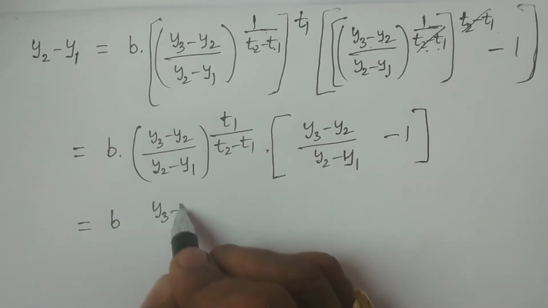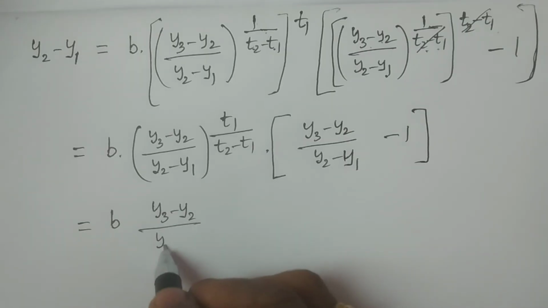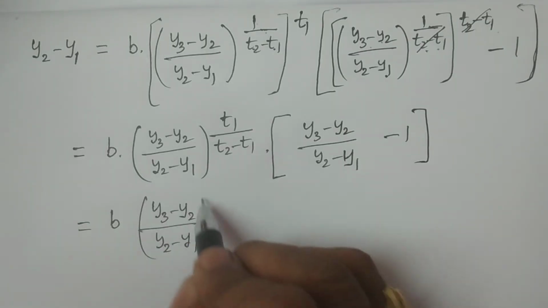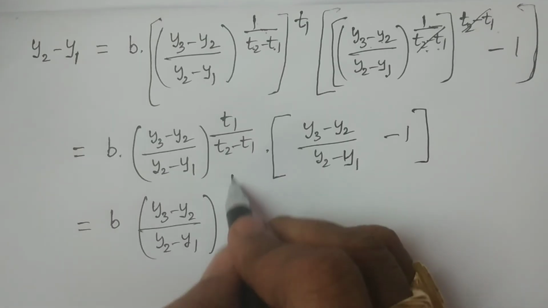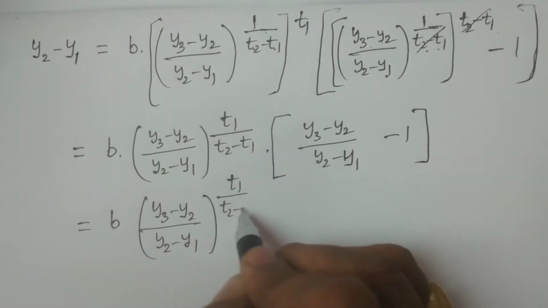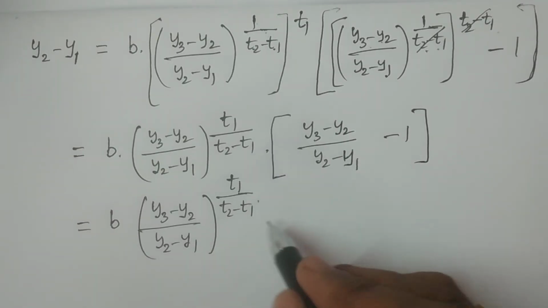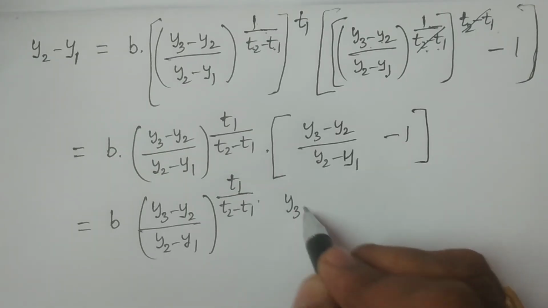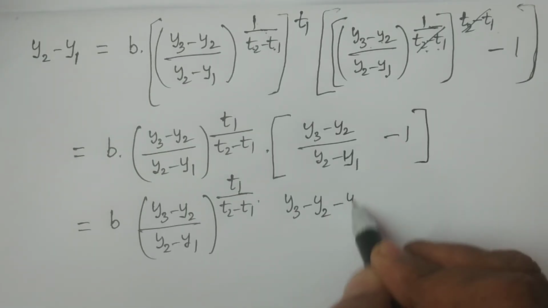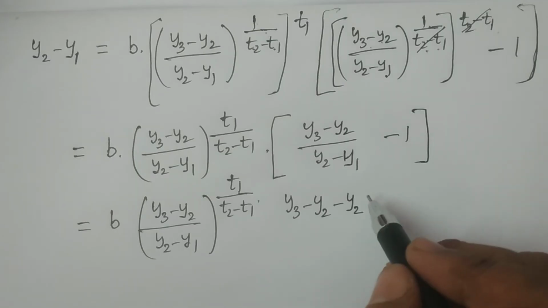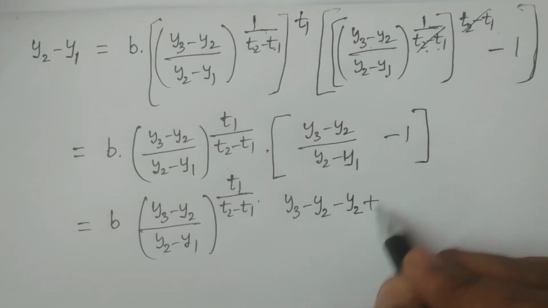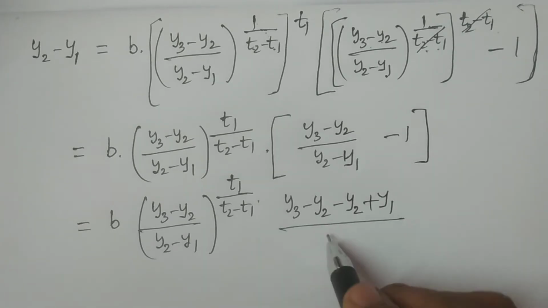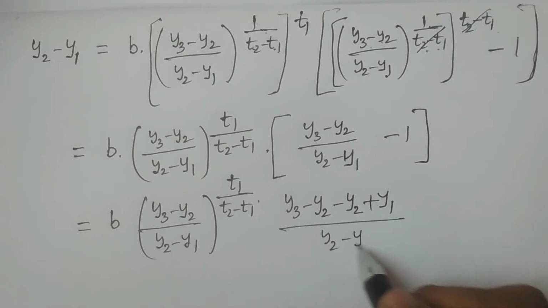into y3 minus y2 divided by y2 minus y1 whole power t1 by t2 minus t1, and this is y3 minus y2, if you take an LCM, y2 minus y1 minus y2 plus y1 divided by y2 minus y1.